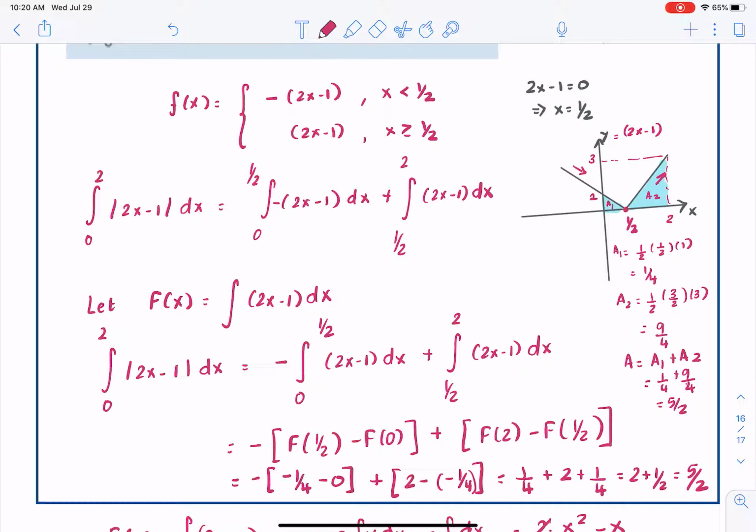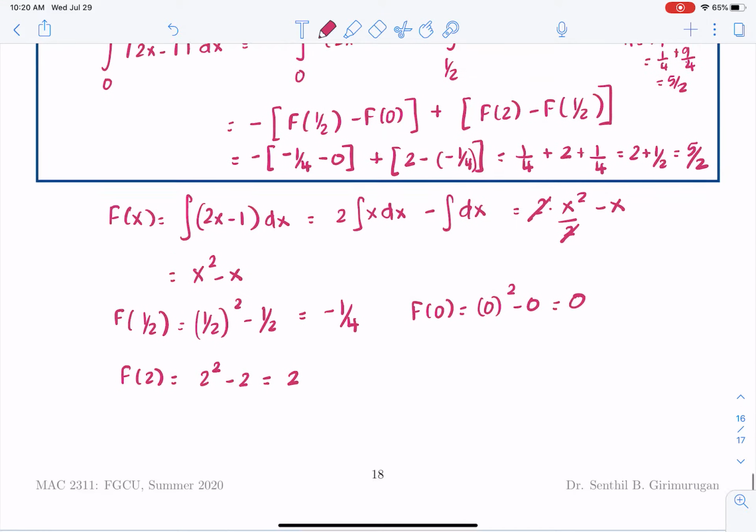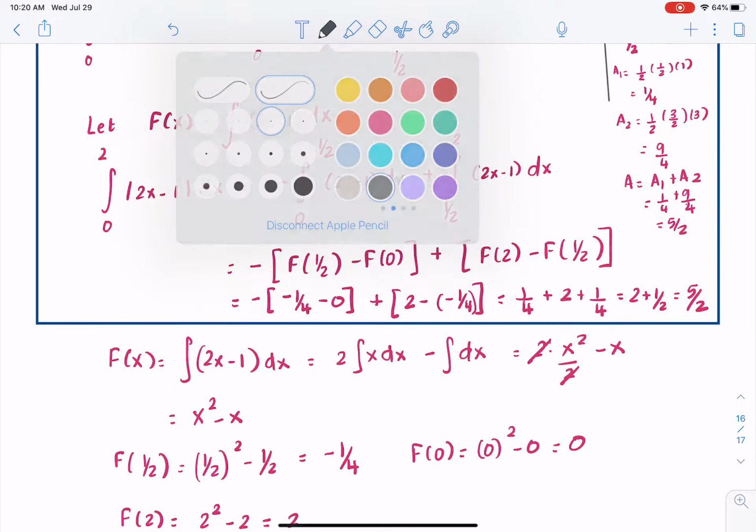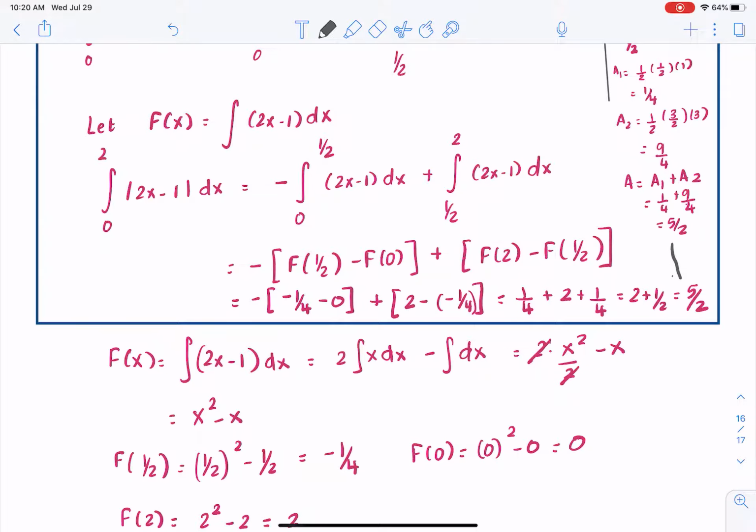And you can see that 5 over 2 is the same 5 over 2 we got here. So we are pretty much finding the area under the curve, but in a very easy and nice way.